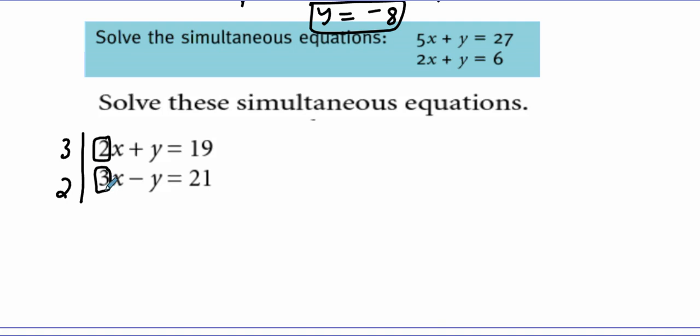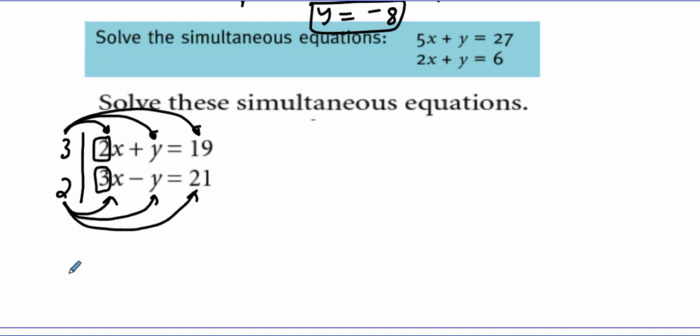So we have to make them the same. So how? Take the 3, multiply it here. Take this 2, multiply it down. So how do we move from here? 3 times 2x, 3 times y, and 3 times 19. Then 2 times 3x, 2 times y, 2 times 21. See that? I hope that helps. This will be 3 times 2x is 6x, 3 times y is 3y, equals 3 times 19, that will be 57.